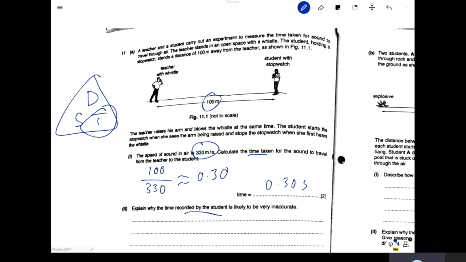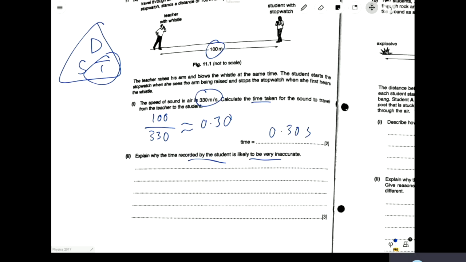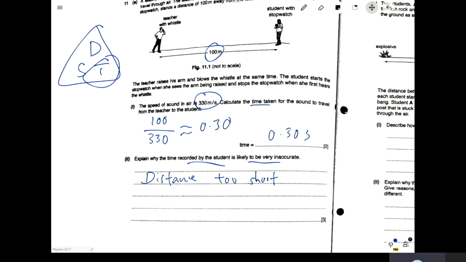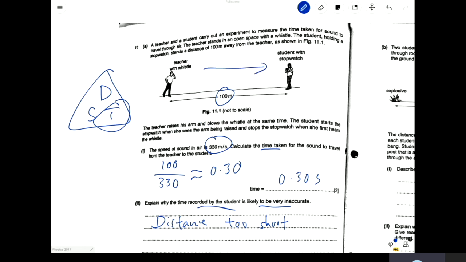Explain why the time recorded is likely to be very inaccurate. Because the distance between the teacher and the student is too short. But won't the time then be more accurate if it's shorter?